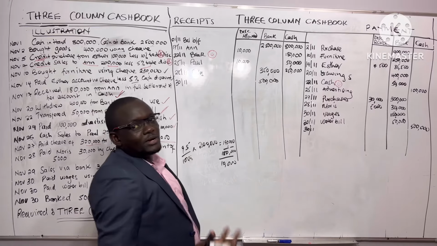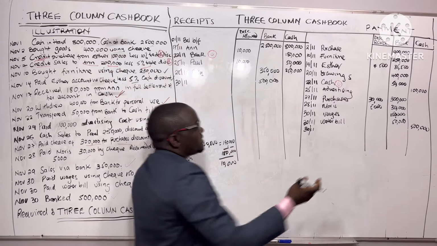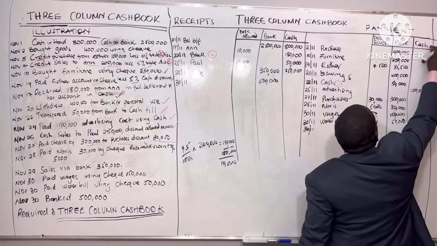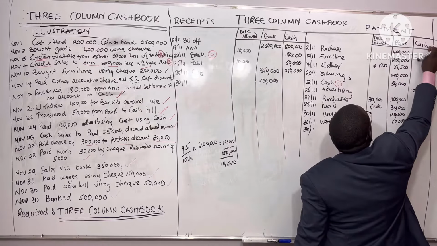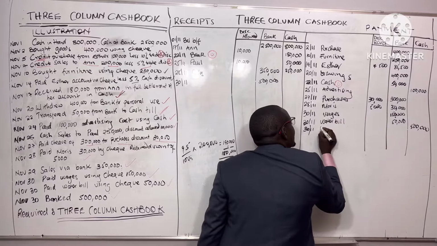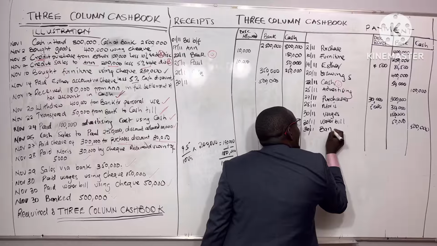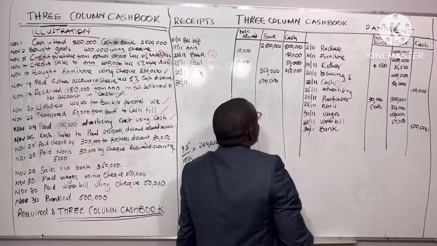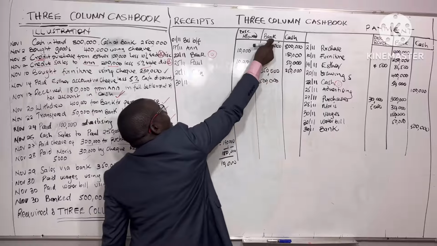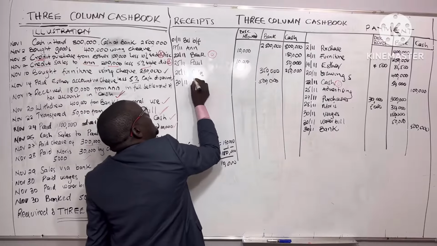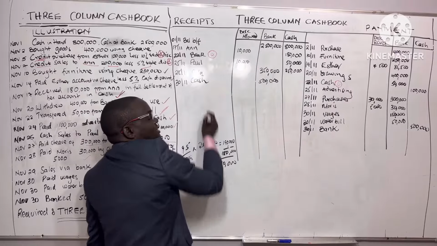Now, we need to narrate where this money is going and where it's coming from. This money is being withdrawn from cash account, but it is going to bank. This money entered the bank account, but it came from cash.